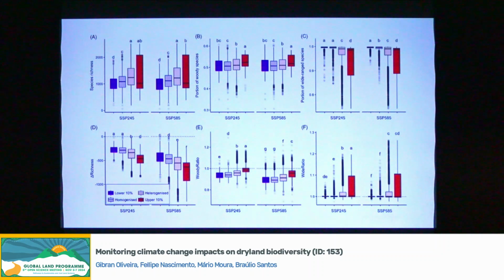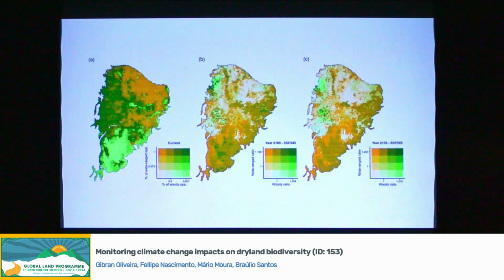It's an interesting process, and I can talk with you after about that. We also compare this with the woody species. We can see that there is a real loss of woody species and a real increase of wide-range species or generalist species. Here is a map of this process for both scenarios in the future. So we'll lose all the trees that we have in this biome.